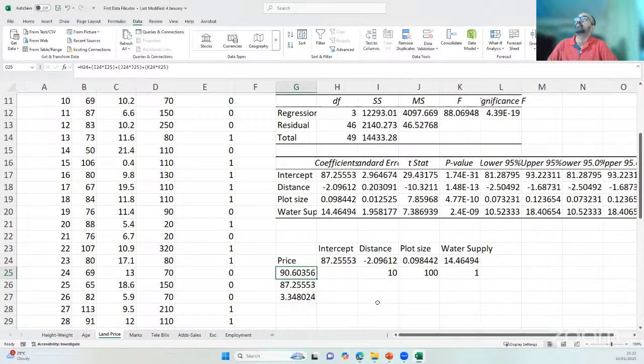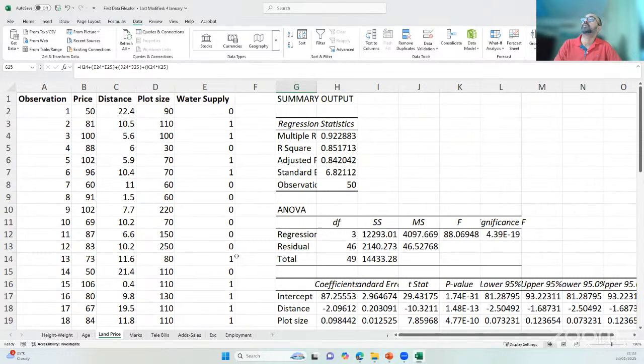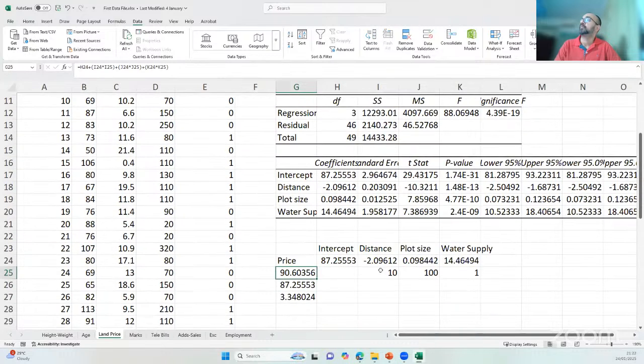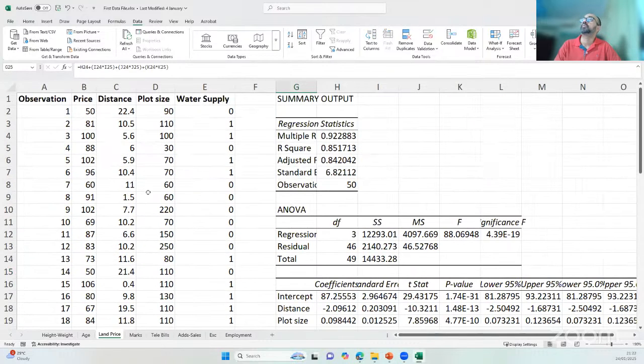Okay, it's 90. So we'll just look at one of the plots. Okay, distance 10, plot size 110. Okay, distance 10.5, plot size is 110.